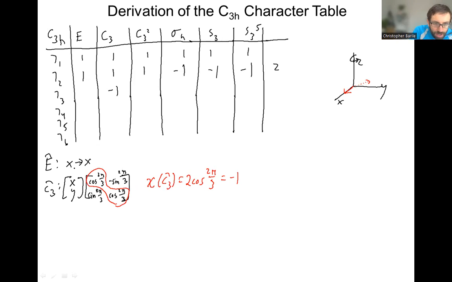What about identity? Well, now we figured out that x is going into some linear combination of x and y. And so you have to keep x and y together. X and y are transforming together. We use this parentheses notation and list them together.